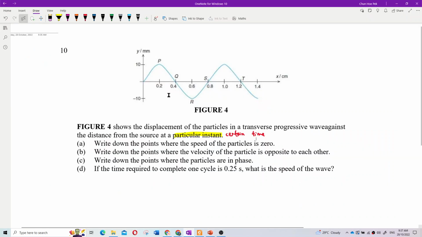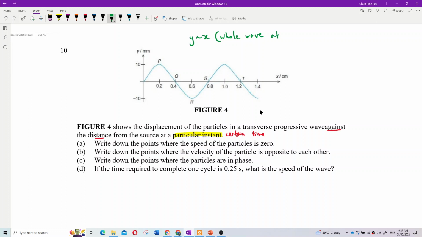So this question is against distance, so this is a y versus x graph. You see the whole wave at a certain time, with many particles.